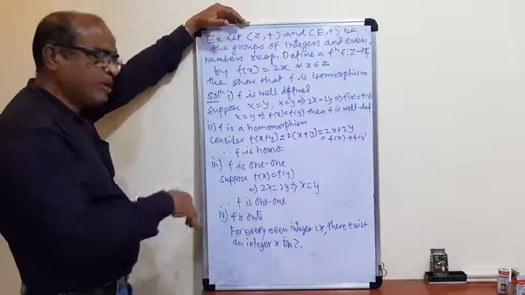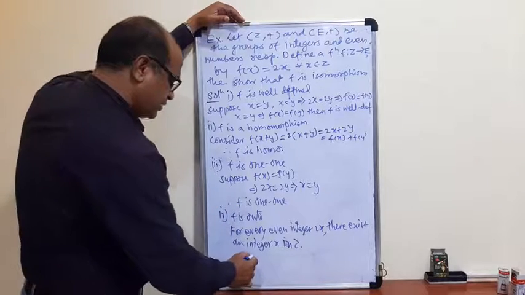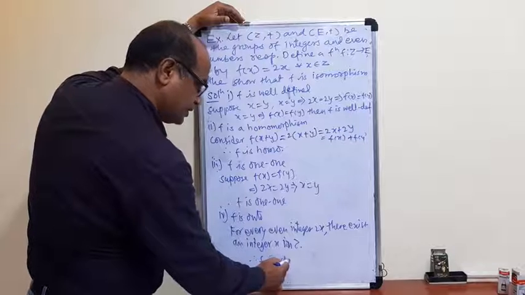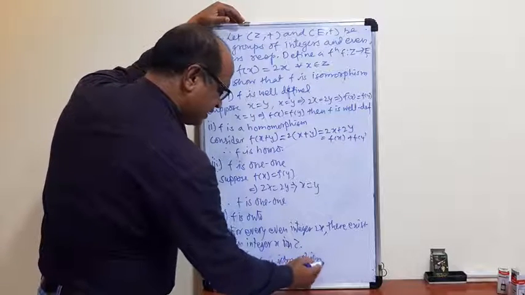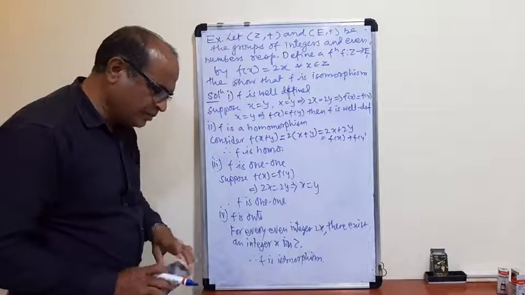So f is a homomorphism, f is 1-to-1, f is onto, therefore the given function f is an isomorphism. So this is a very simple example. Okay, so we took an example for homomorphism and also isomorphism.